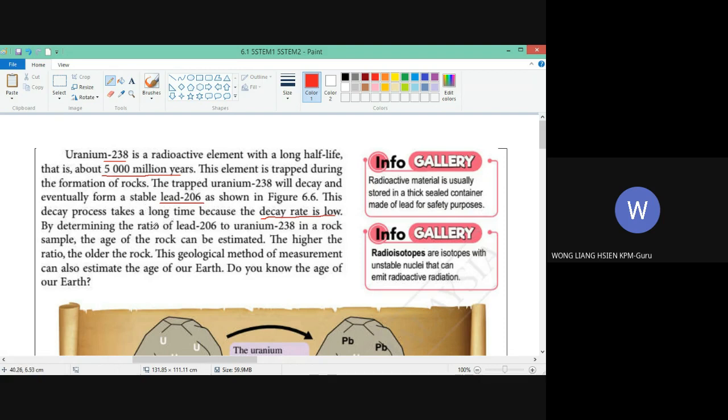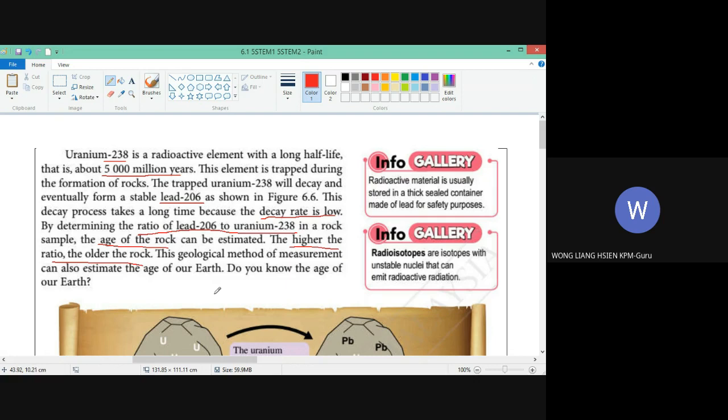So by determining the ratio of lead-206 to uranium-238 in the rock sample, the age of the rock can be estimated. The higher the ratio, the older the rock. This geological method of measurement can also estimate the age of our Earth.